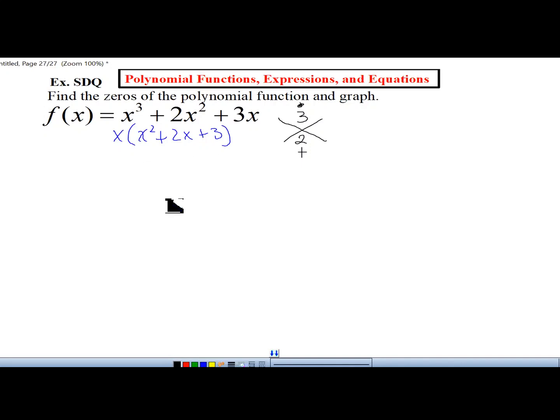Very good. So this quadratic that we cannot factor, but we need factors, we use the quadratic formula: minus b plus minus square root b squared minus 4ac over 2a. Some of you are like, Mr. Q, that's my favorite, right?